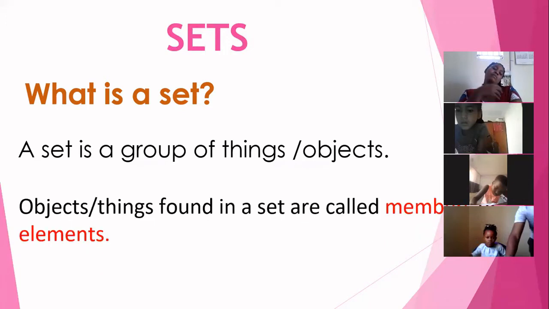So, in a set, we find some objects, as we have said, a group of things or objects. The things we find in the set are called members or elements.